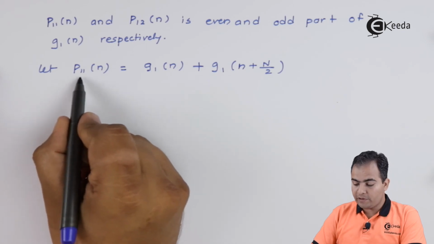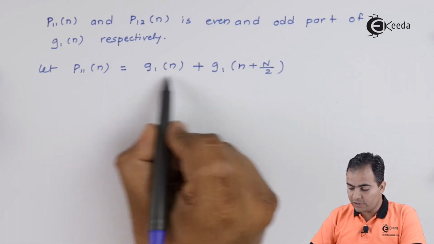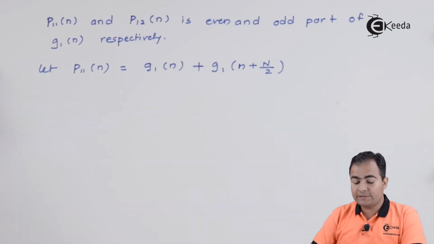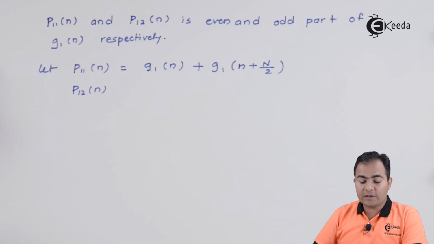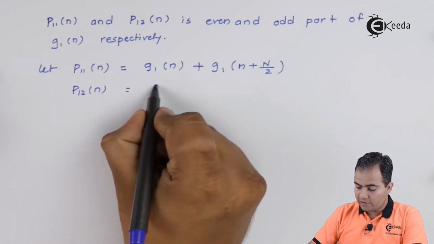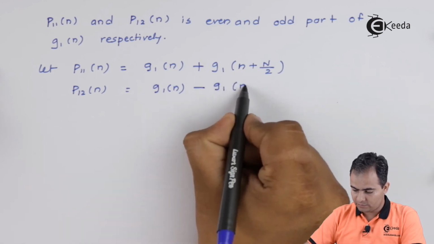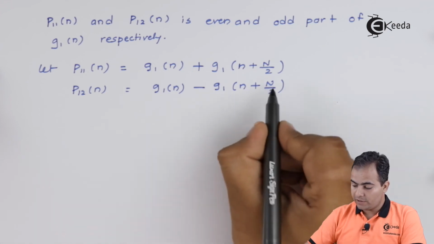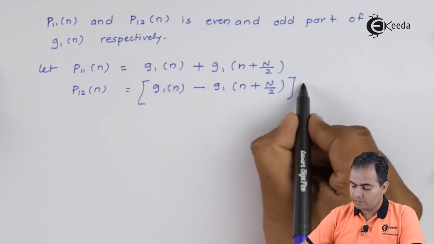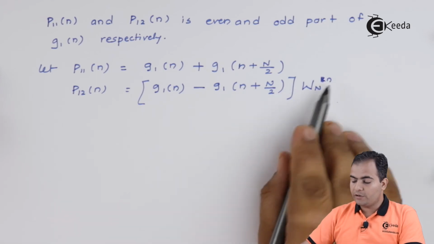Let's say my p11 of n is nothing but my even part, and for the even part we will use only this equation as I said in g1 of n, and p12 of n is my odd part equation, so we can write g1 of n minus g1 of n plus n by 2 into omega n to the power n.